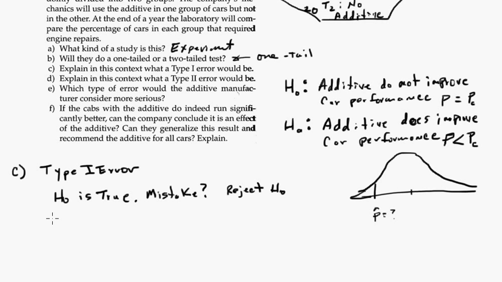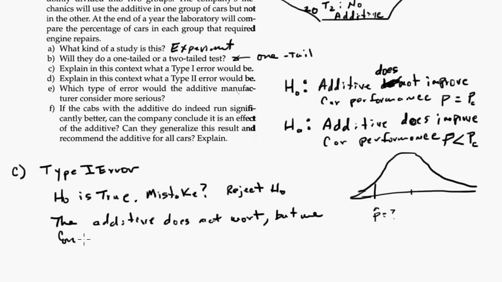Okay, so in this case, a type 1 error would be the additive does not work, but we conclude that it does improve performance.